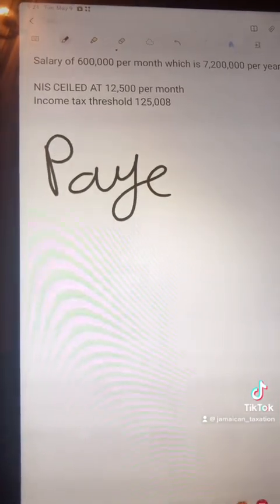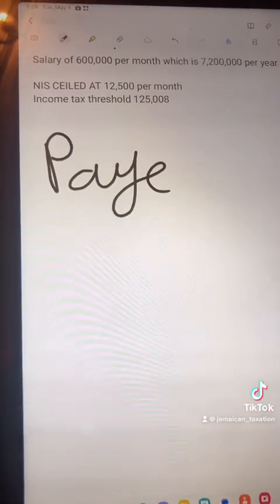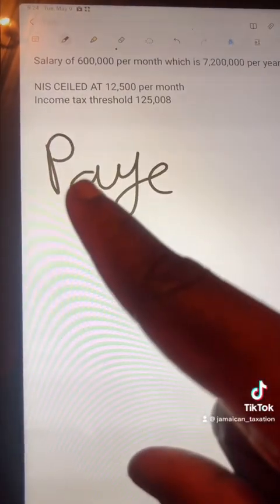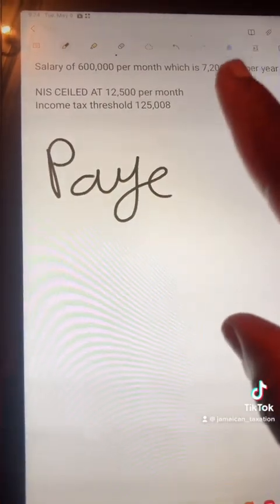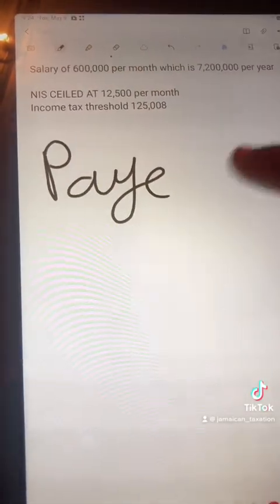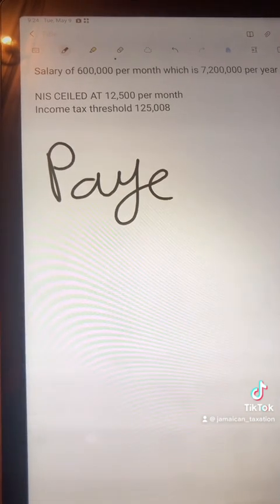Now, I find that the easy way to do this is to split up the salary. Because $500,000 per month is the $6 million, I find that if I split up the salary, it would be easier to calculate the PAYE.